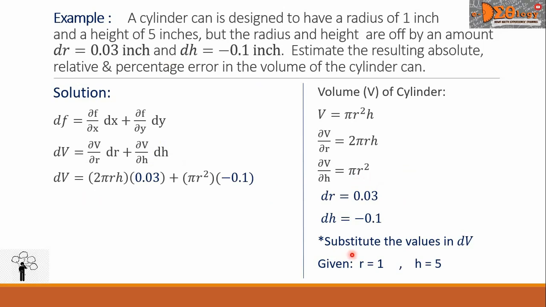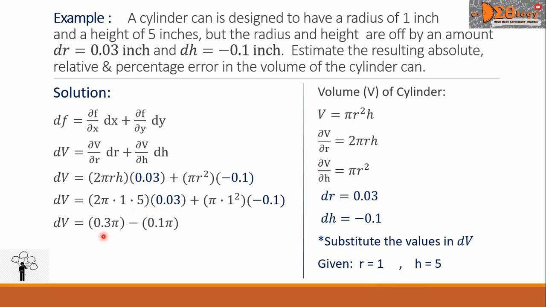From the problem, the radius r is 1 and the height h is 5. Let us substitute the corresponding values in the formula. So it will be like this. Let us simplify the corresponding products. 2 pi times 1 times 5, then multiplied by 0.03.